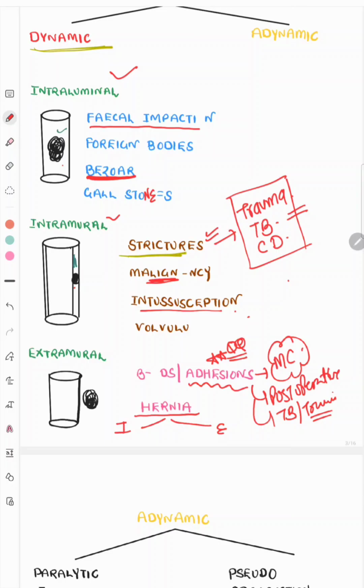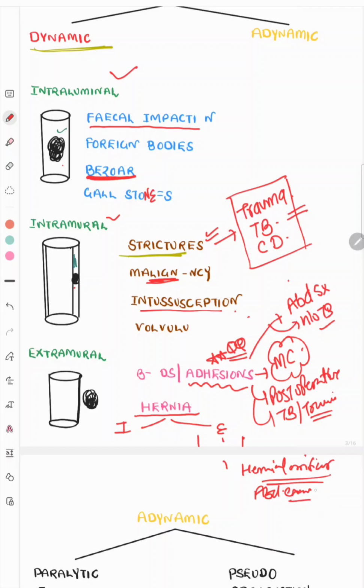So during the examination or history, we have to ask about any abdominal surgery or history of TB in an intestinal obstruction patient, and we have to examine the hernial orifices during the abdominal examination in case of intestinal obstruction to rule out any hernial obstruction.